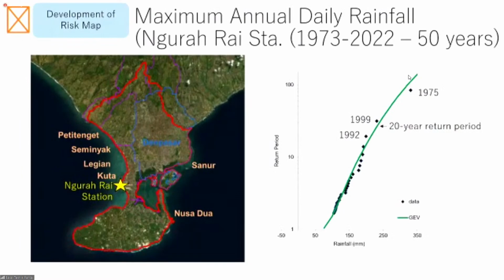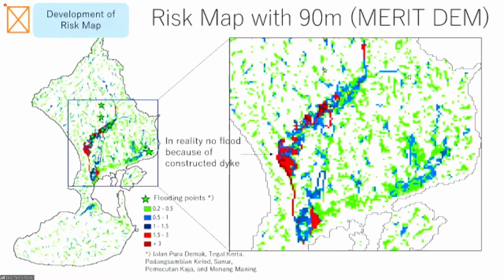Then, based on the historical rainfall data set, we estimate the 20-year return period rainfall, which corresponds to 250 millimeters per day. And then this is the obtained risk map of the river flooding with the 90-meter resolution model.